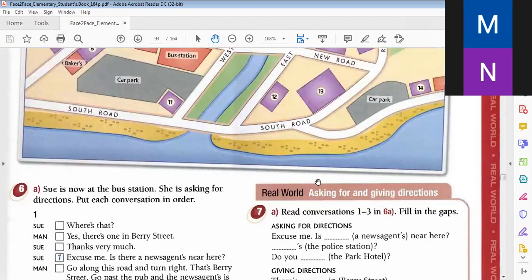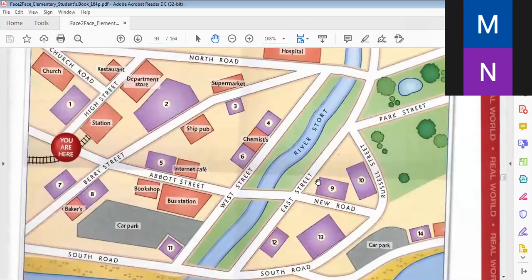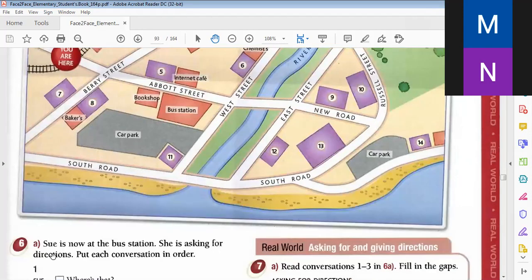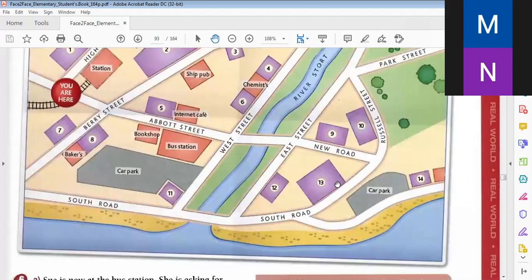Which number on the map? What do you think? Because Sue, she said, excuse me, is there a newsagent? The man said, go along this road and turn right. That's Berry Street, go past the pub, and the newsagent is on the right opposite the supermarket.